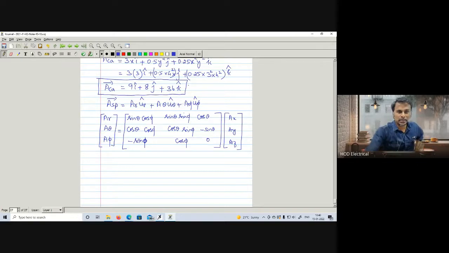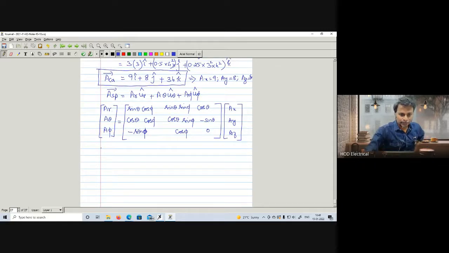We know already from this vector that ax equal to 9, ay equal to 8, az equal to 36. Therefore, now we can substitute to find A r, A theta, A phi.